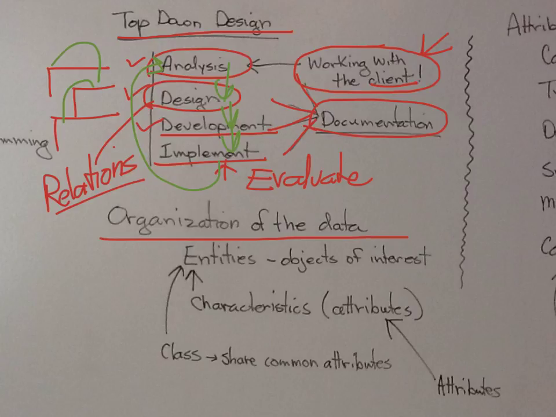Organization of the data, entities, objects of interest. And then the characteristics describe the entity, which we will be talking about as attributes. A certain class or group share common attributes.